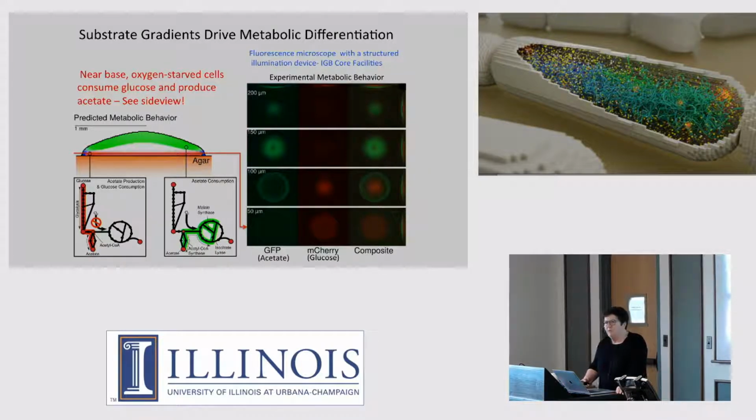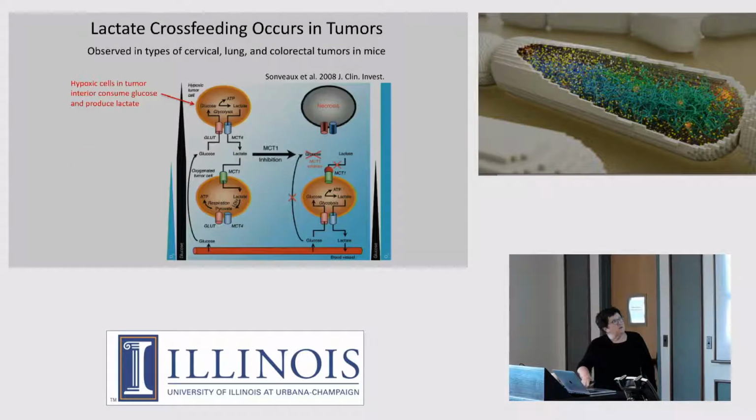Since I know some of you are from Rice and are interested in the physics of the metabolism of cancer, this cross-feeding that we see, of the acetate being produced down here and consumed up here, is a fact that they're using in eukaryotic cells. Here's the blood vessel, and if you have a hypoxic cell, it's going to be consuming glucose and producing lactate.